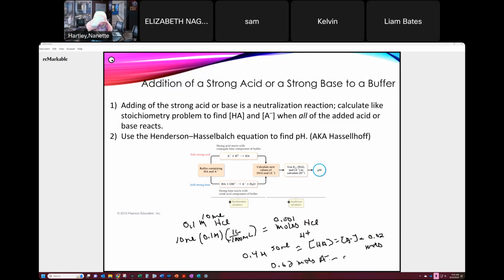Minus the 0.001 moles of HCl, right? So 0.02 minus 0.001 tells me the new concentration, 0.019 moles of the anion that are left, because they will have changed. That means that my HA will have gone up to 0.021 moles of HA.